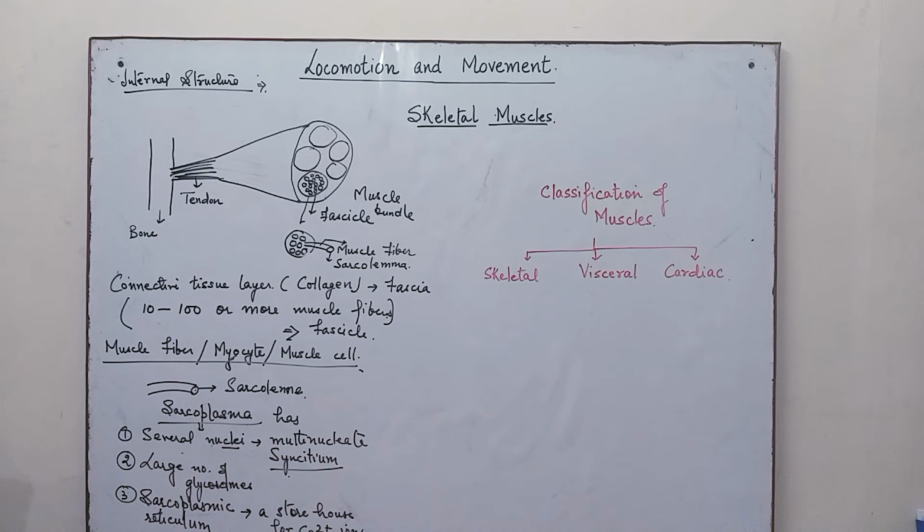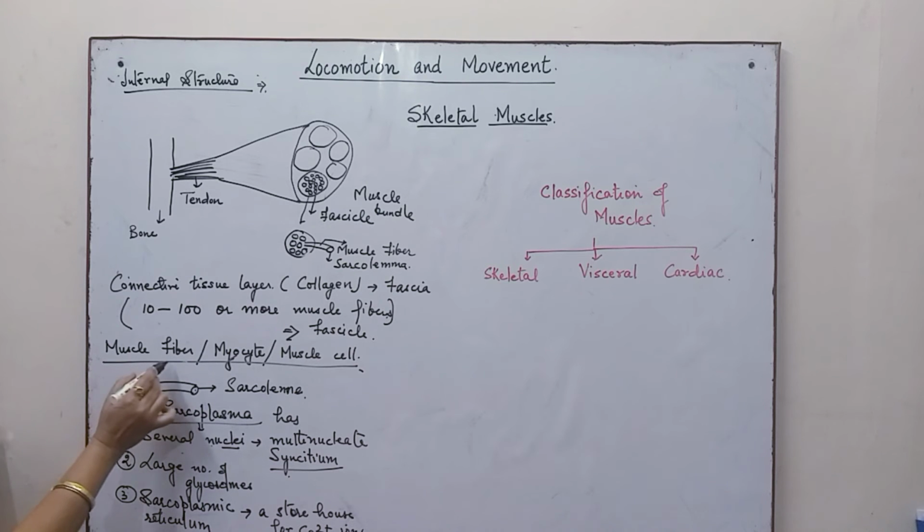Also, the skeletal muscle fibers are arranged parallel to each other and parallel within the sarcoplasm. So these muscle fibers have parallelly arranged filaments within the sarcoplasm.